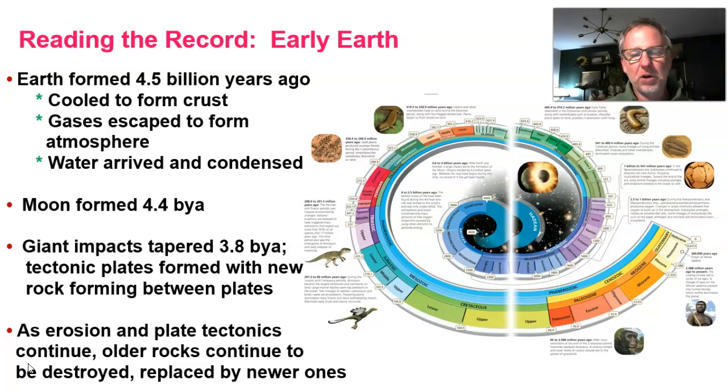4.4 billion years ago is when our moon formed. And that was quite a contentious debate for many years. I recall during my lifetime some hypotheses going back and forth.